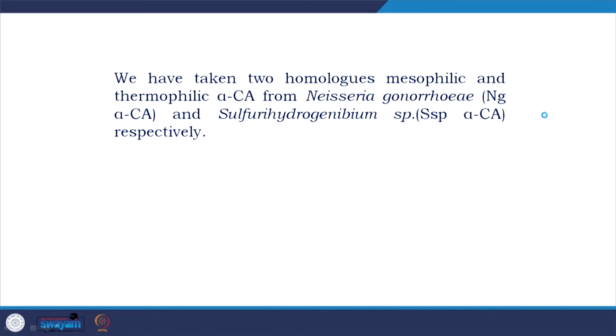We already know that one alpha carbonic anhydrase found in Sulfurihydrogenibium species has very high stability. We know carbonic anhydrase from Neisseria gonorrhoeae with very high activity.